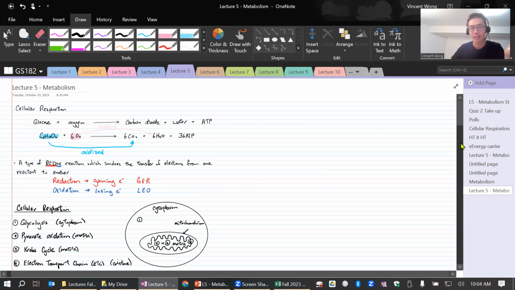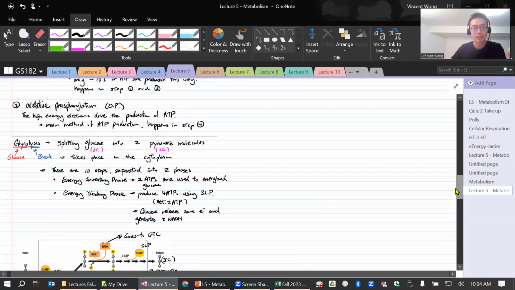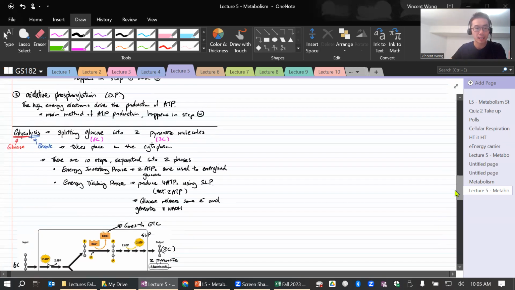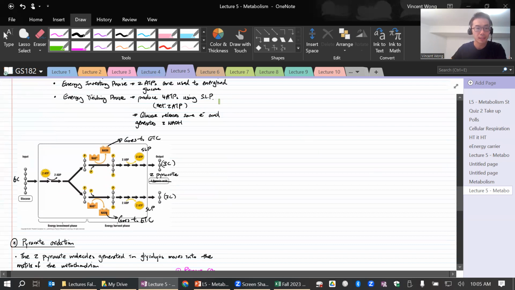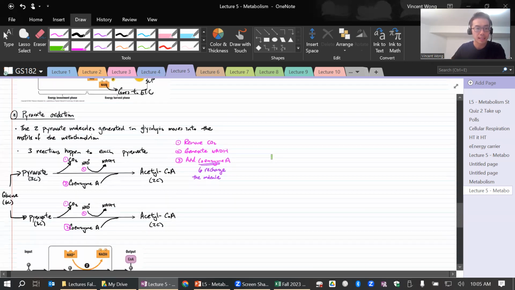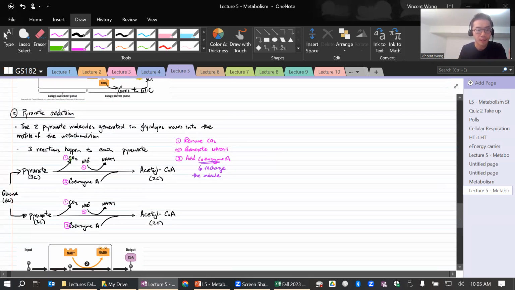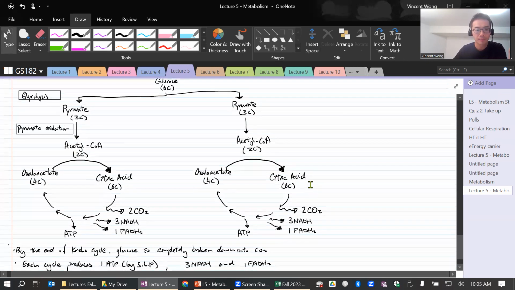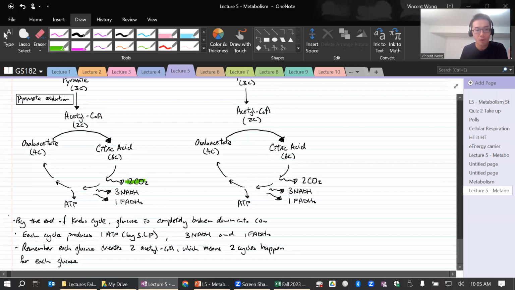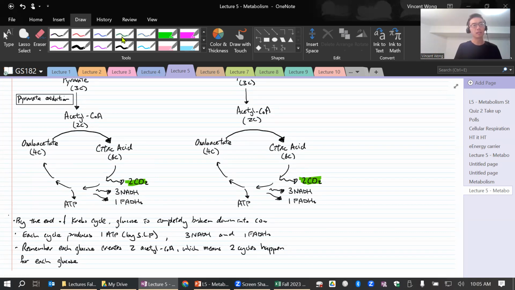Let's take a look at where the 6 carbon dioxide came from. So we had carbon dioxide right here in the second step. Okay, that's 1 carbon dioxide, 2 carbon dioxide, 3, 4, 5, 6. Right? By the end of the Krebs cycle, glucose has been completely oxidized, completely broken down into carbon dioxide.